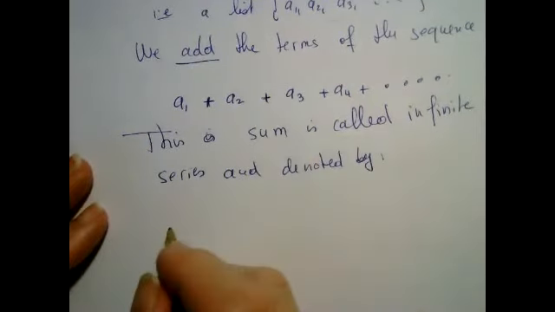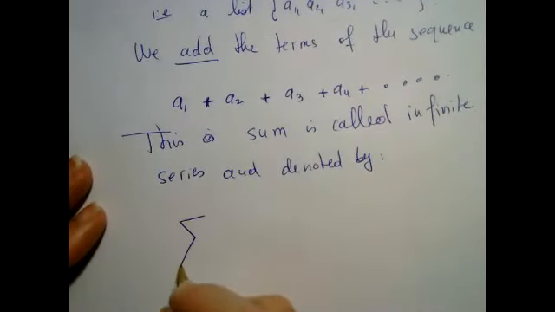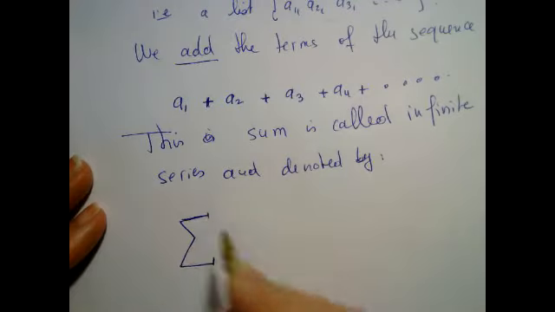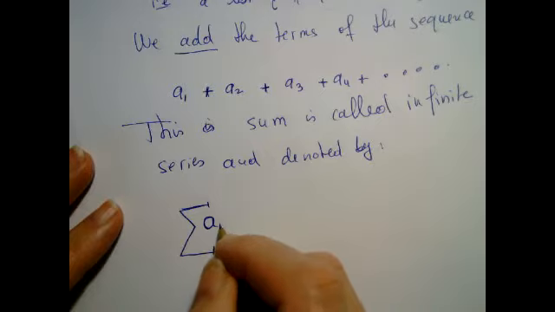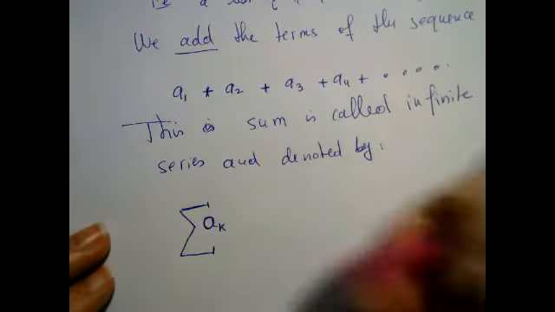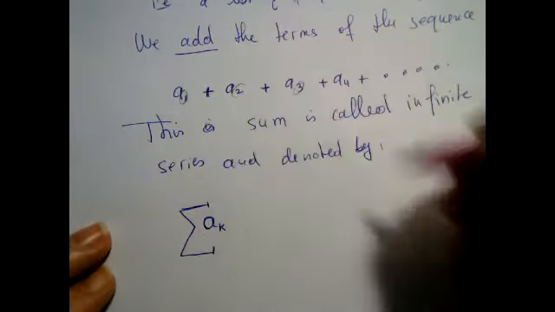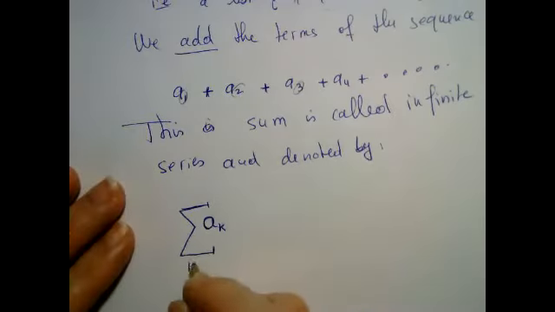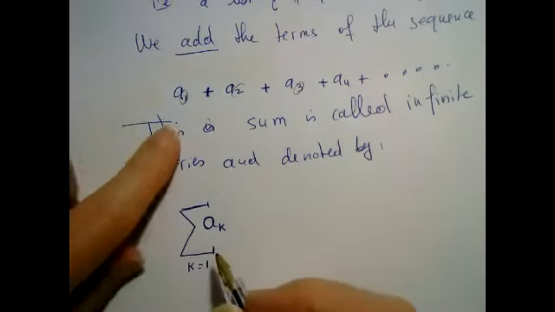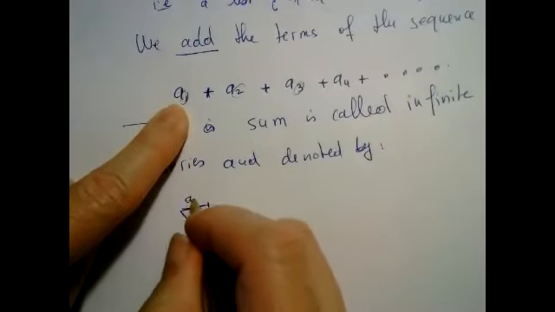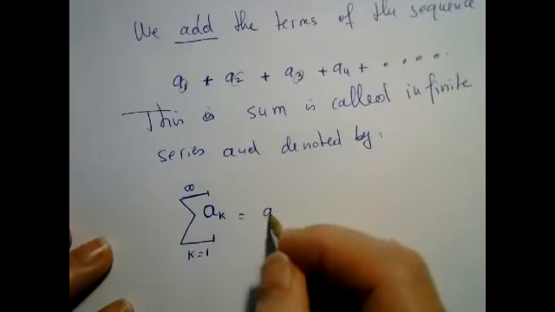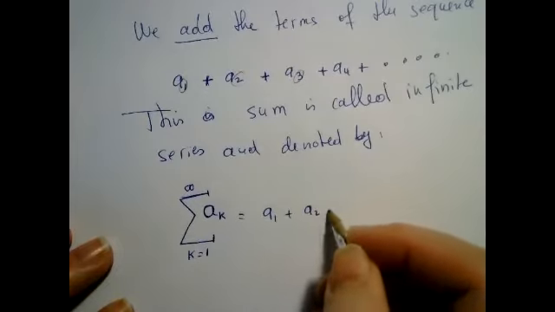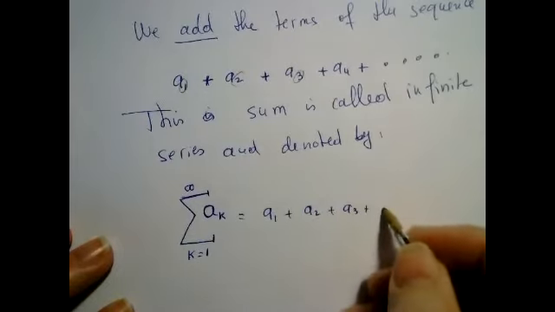Whenever we have a sum, we use sigma notation for it. So it's denoted by sigma, which means the sum, of a_k, where k goes from 1, that's the first term, all the way to infinity, because we never stop. This means a_1 plus a_2 plus a_3 plus so on.